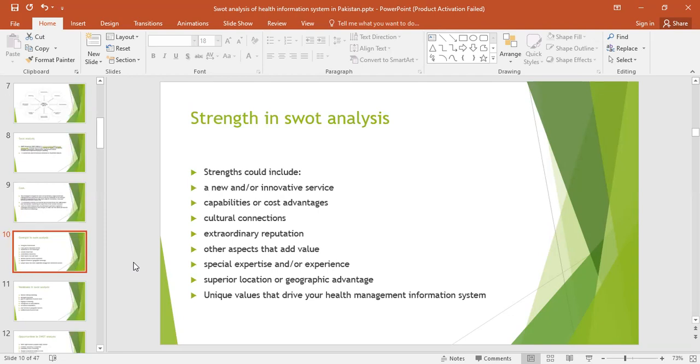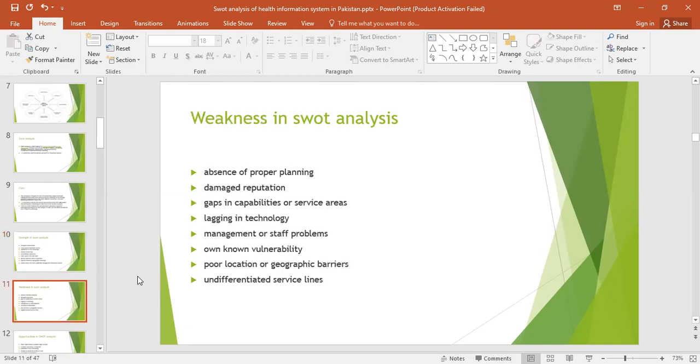Strengths of any organization, any health management information system, or any system are based on some qualities, and those are new or innovative services, capabilities or cost advantages, cultural connection, extraordinary reputation, other aspects that add value, special expertise or experience, superior location or geographic advantages, and unique value that drives your health management information system.